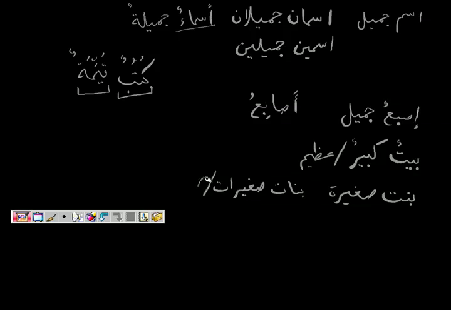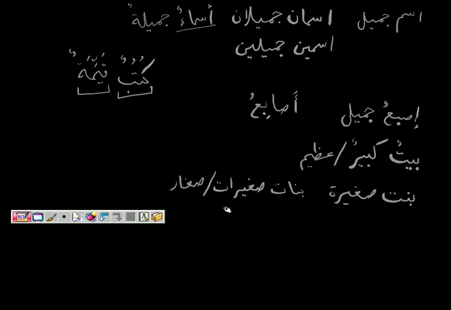You can also in classical Arabic say صغار. This form صغار in classical Arabic is used for both the masculine and the feminine plural. But I believe in modern Arabic usually you will see صغيرات. Correct? Yeah. There are some plural forms that are used in classical Arabic equally for the masculine and the feminine.